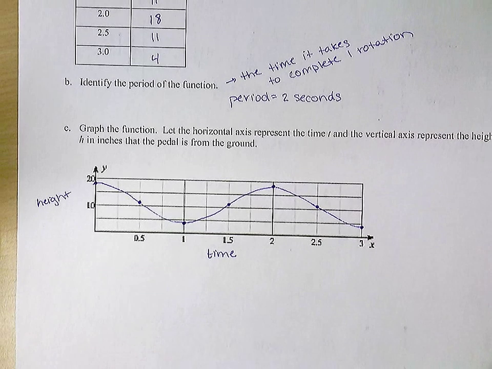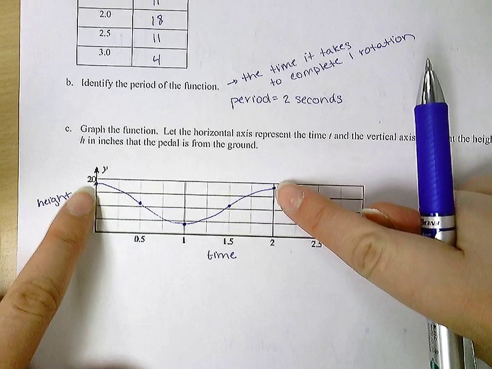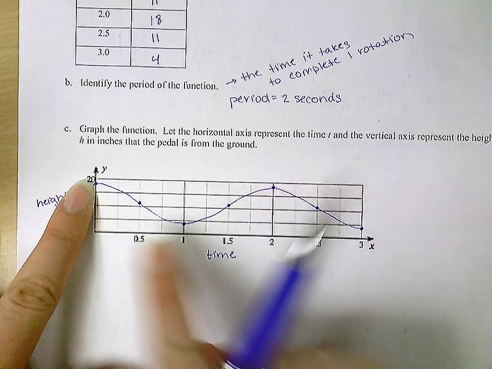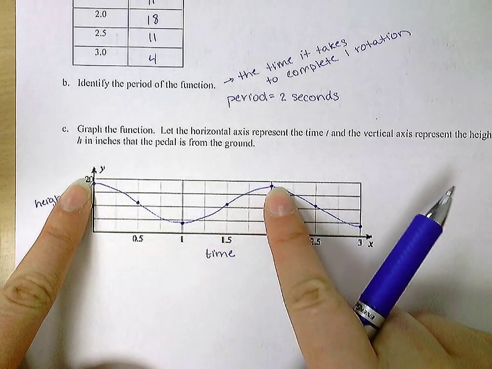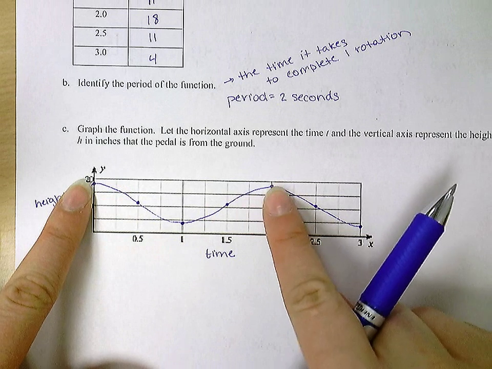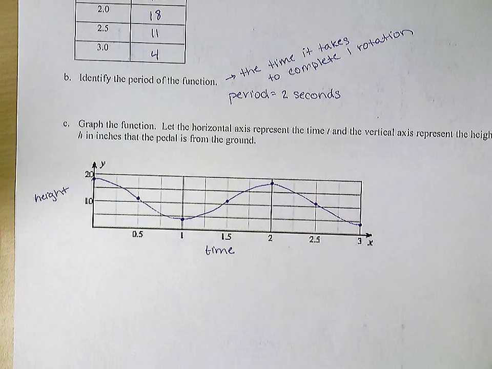So this is considered a periodic function. It repeats itself over and over and over again. This graph further shows that 1 period would be 2 seconds. You start at 18, go down and then back up, hit 18 again, and it repeats that same pattern. Any questions on your periodic functions?